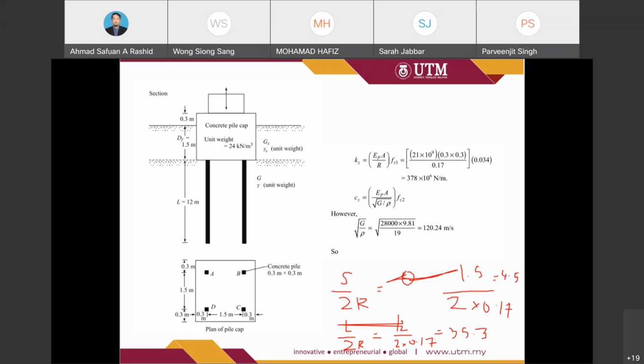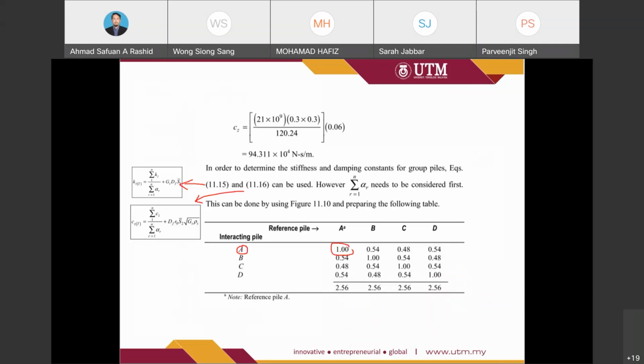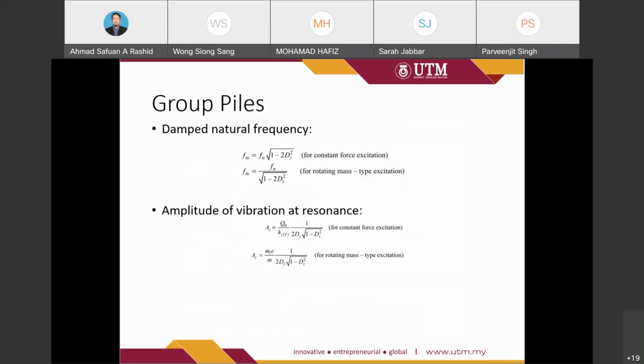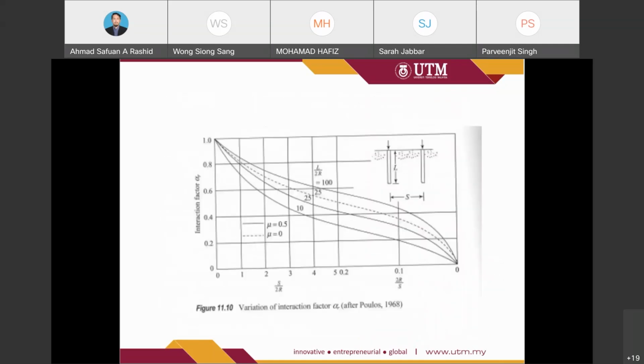The Poisson ratio, new, is 0.5, so we may refer to the solid line. It is stated here either new 0.5 or new 0.